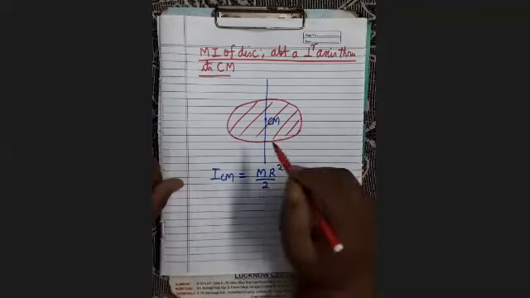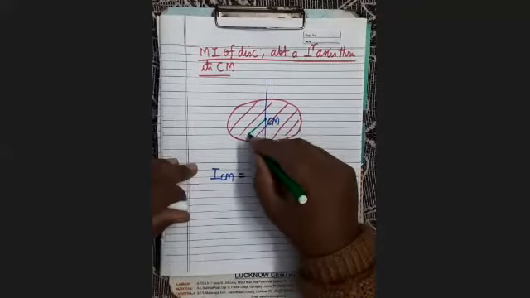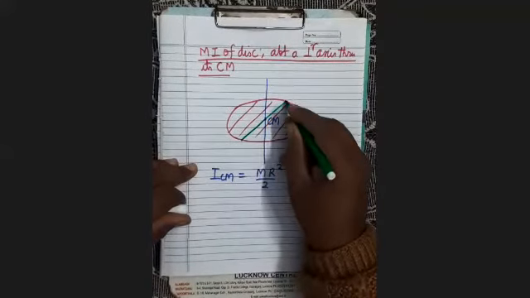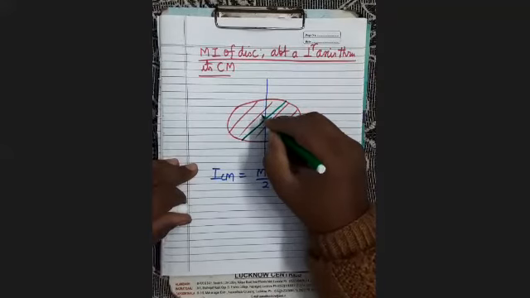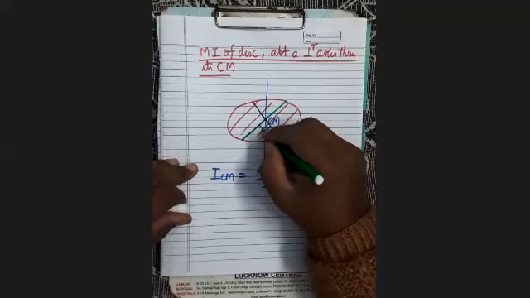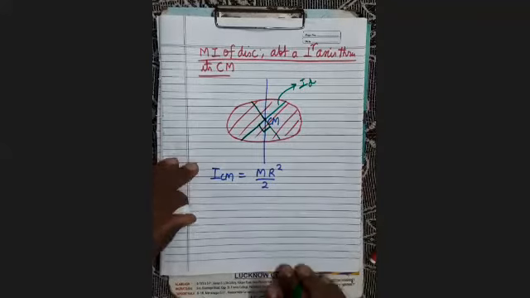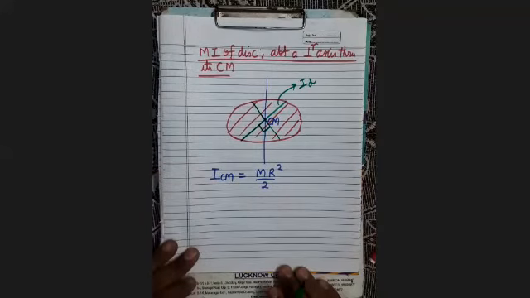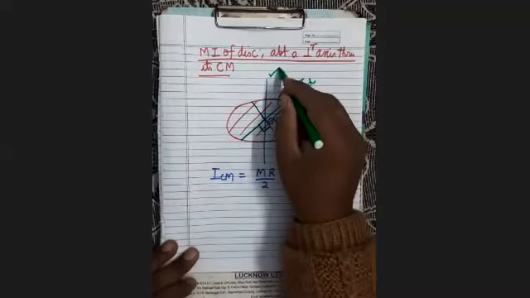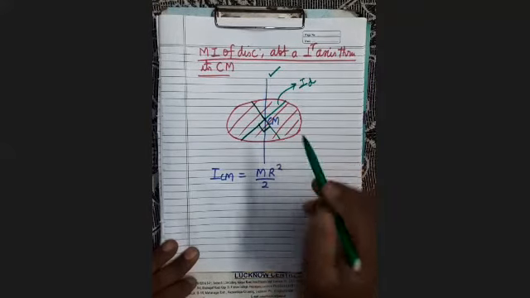Now if you have to determine its moment of inertia about a diameter, we have taken two perpendicular diameters. One is this and another is this. Since all the diameters are identical, therefore it will be the same. Now we will apply the perpendicular axis theorem. So MI about this axis will be equal to MI about this diameter plus MI about this diameter.